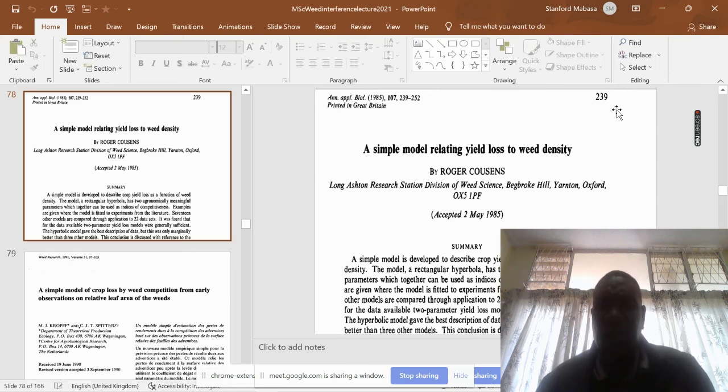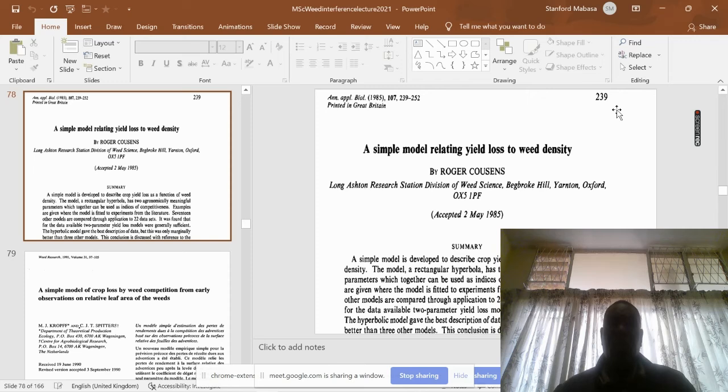I think I'm going to post it on your platform. It's a simple model relating yield loss to weed density. You can read Roger Cousens' paper, and it will enable you to understand what I was trying to put across.